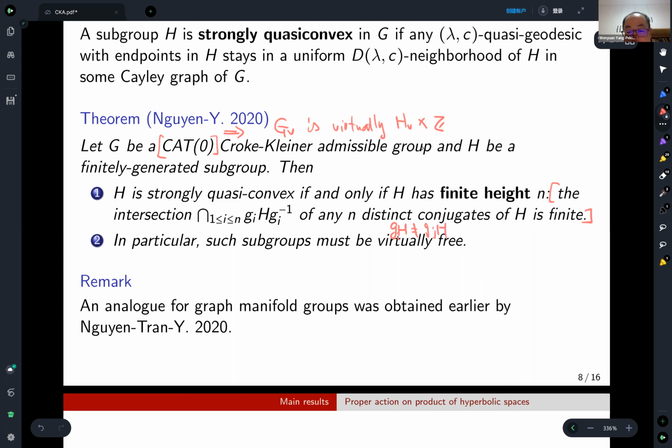If you take any n distinct conjugates of H, the intersection of them should be finite.